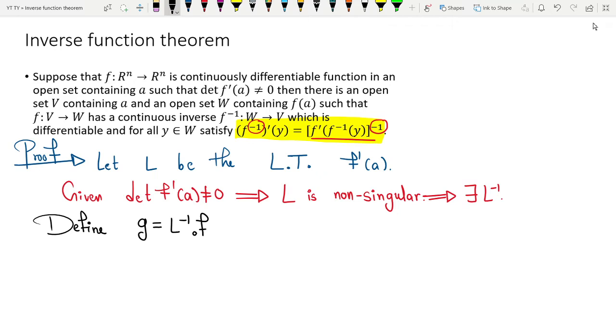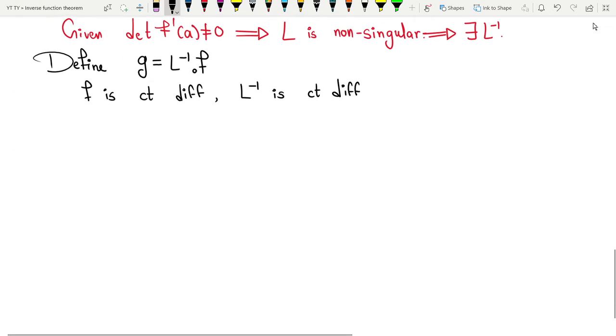We will see shortly why this is the way to define g, because this will help us very much to prove what is required. But now, as we know, my f is continuously differentiable, right? L is a linear transformation, so L inverse is also a linear transformation. So L inverse is also continuously differentiable. Hence, both the functions are continuously differentiable, which implies my g is continuously differentiable.